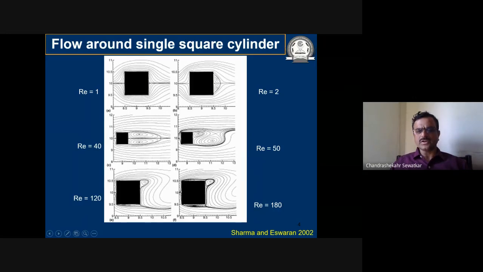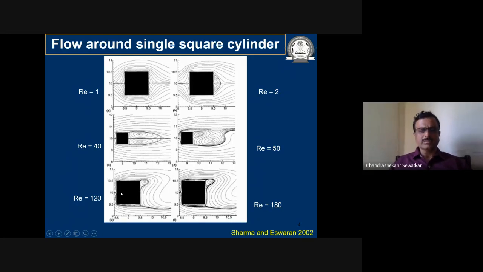That vorticity is accumulated behind the body, and when the amount of vorticity accumulated is very high, this vortex is shed from the body. It leaves the body. This phenomenon is called vortex shedding, and the phenomenon in which the fluid actually detaches from the body is called separation.